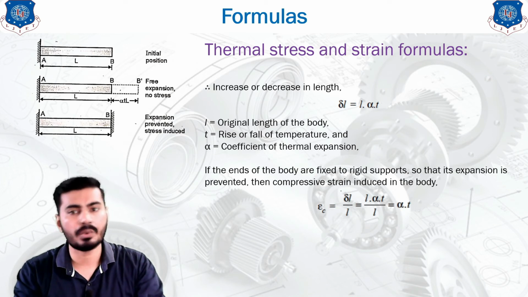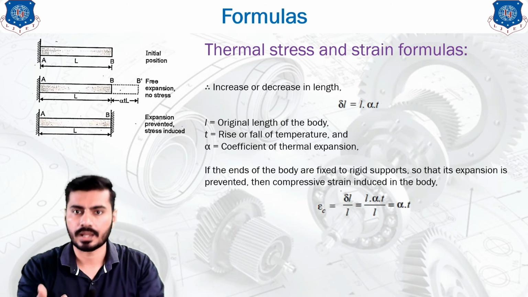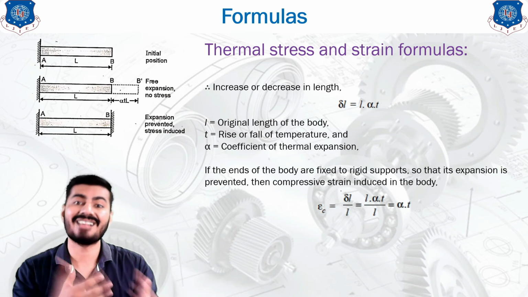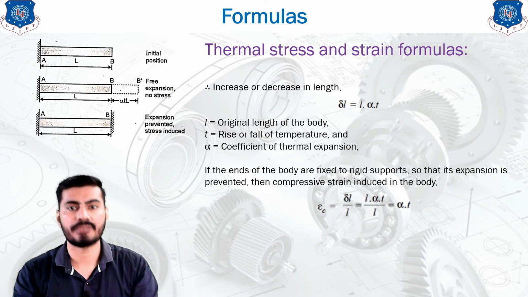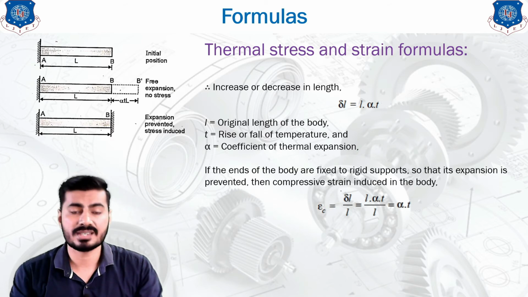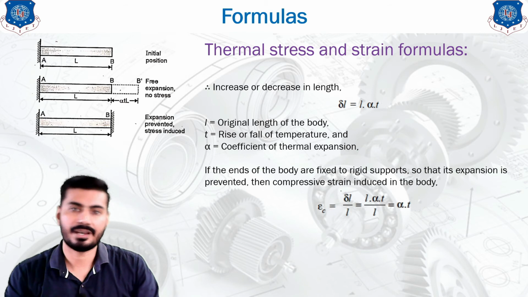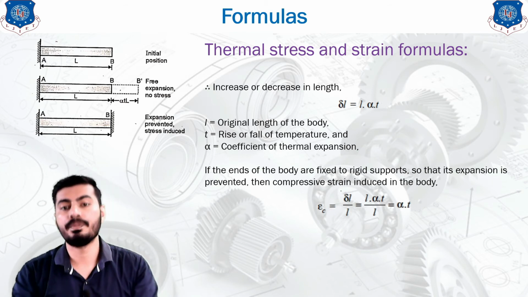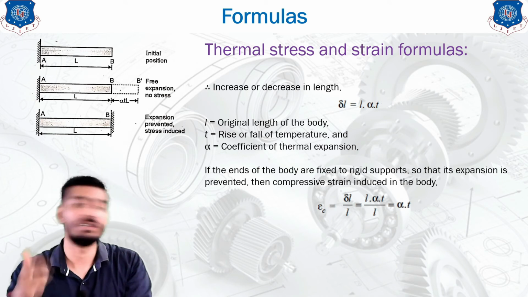Now delta L upon L can be simplified a little more. If you put the value of delta L, that is L alpha delta T, and in the denominator there is only one factor, that is L, the L can be cancelled out from the numerator and the denominator, and our final simplified formula for the thermal strain can be written as epsilon C equals alpha into T.